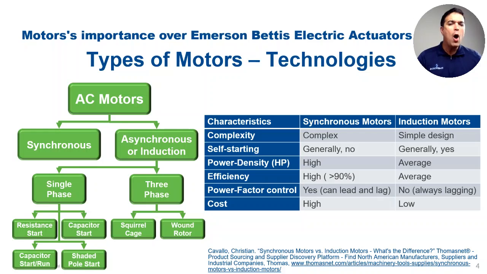Now, the wound rotor is like a squirrel cage, but the windings are placed inside the slots and are linked with an exterior resistor by the slip ring, which allows varying the value of the resistance and varying the torque. These kinds of motors are used in applications that require high torque, like cranes and elevators.